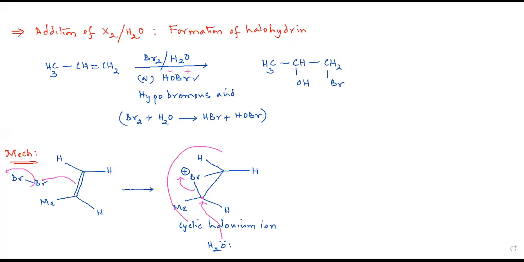So this kind of an addition is called anti-addition. So stereochemistry here is anti. Regio is of course Markovnikov. Okay, we'll go for that.